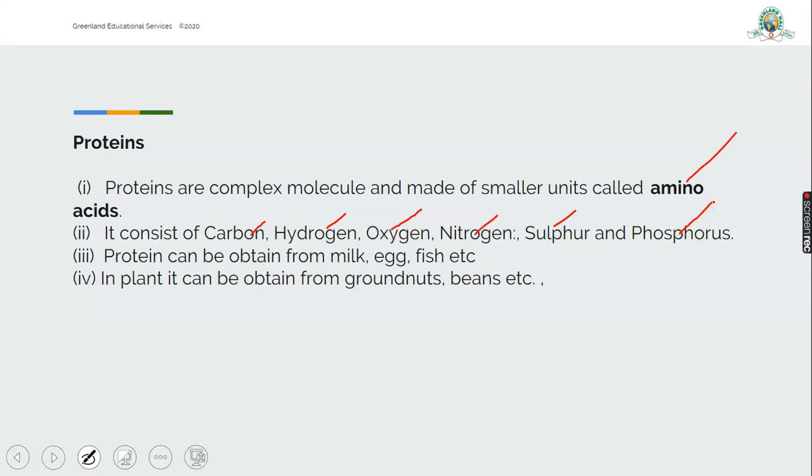It can be obtained in two ways: from animals in form of milk, egg, or fish, and it is also obtained from plants such as groundnuts and beans.